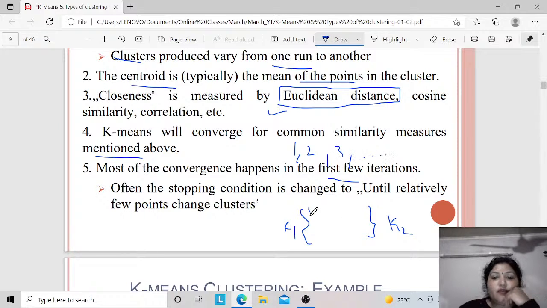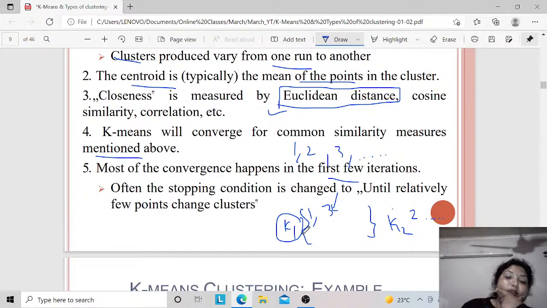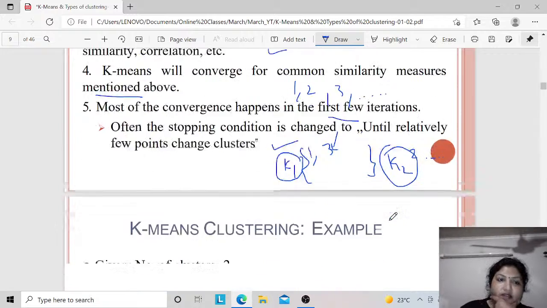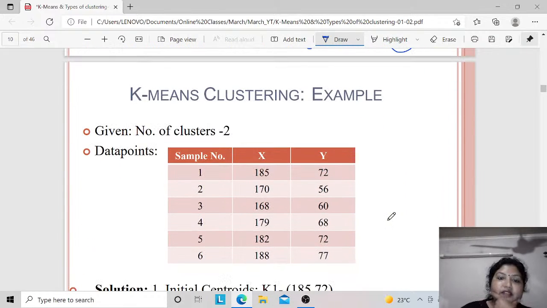One data point falls in cluster 1 and another falls in cluster 2, and so on. Each time a data point enters a cluster, the centroid value is updated for that particular cluster only. It is not going to update the value for the other cluster. So let us have an example.